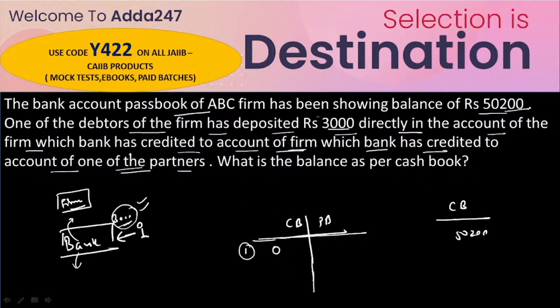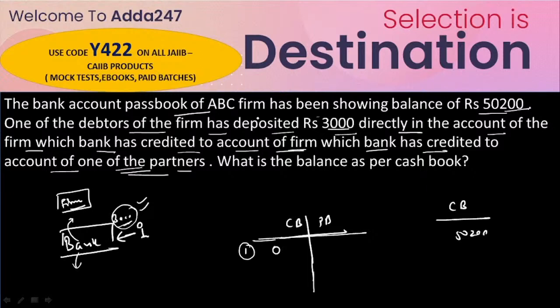While the bank also by mistake deposited this 3000 rupees in one of the partners' accounts. That means the bank has not deposited this 3000 rupees in the firm's account.